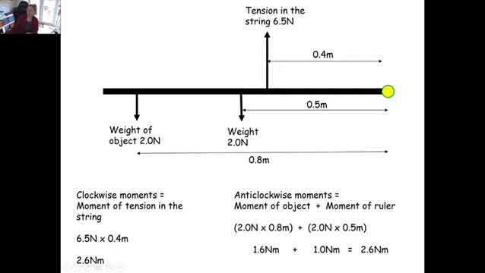So the anti-clockwise moment of the object is going to be 2 newtons times 0.8 meters, which will be 1.6 Newton meters, and the ruler itself has a weight of 2 newtons times 0.5 meters, which gives a moment of 1.0 Newton meters. When we add them together, we get a value of 2.6 Newton meters. So this does in fact hold out, and we've demonstrated it quite nicely there by that experiment.